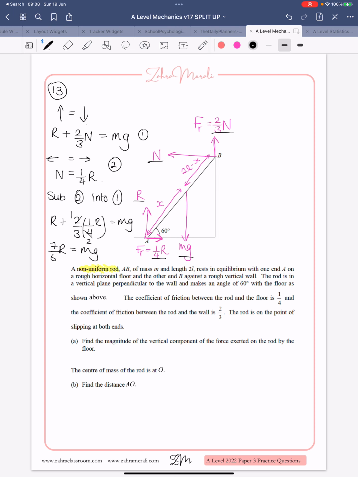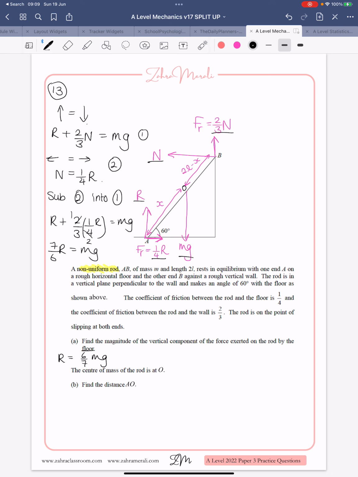And then I can simply rearrange that to give me R equals 6/7 mg. And that's going to be the vertical component at the floor. So we're done there.